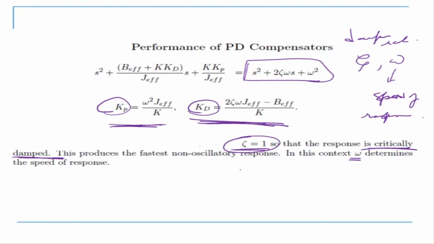So let's look at this very simple example, in which we have the characteristic polynomial given by, let's look at this system actually.